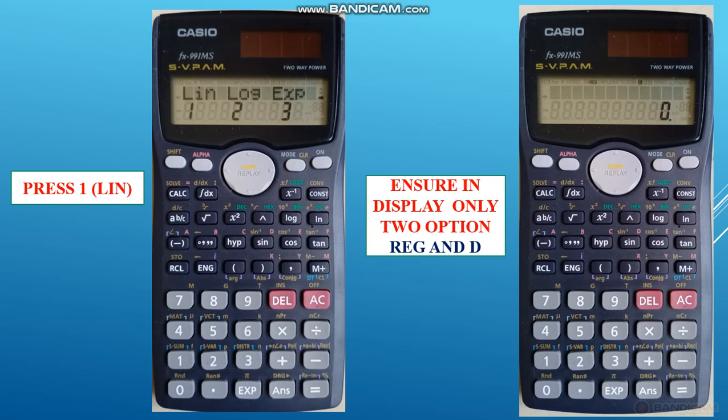Now we are going to solve the linear model, so you press 1. After pressing 1, ensure that in the display there are only 2 options, one is REG and the other is D. This is the basic step.